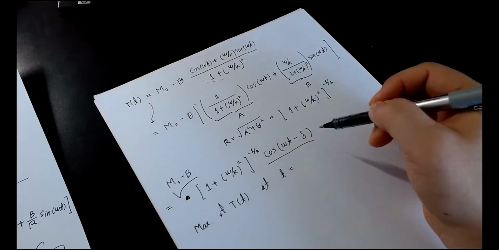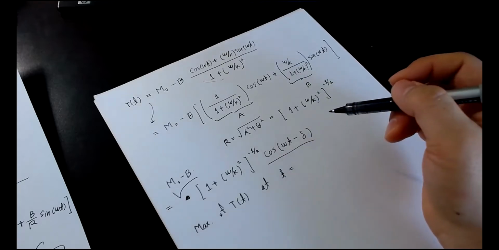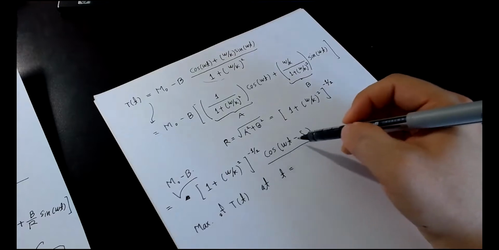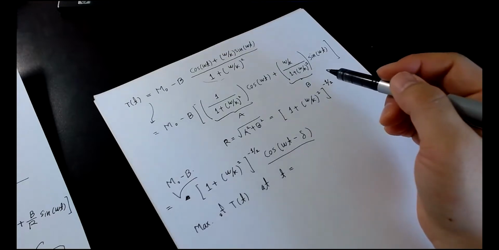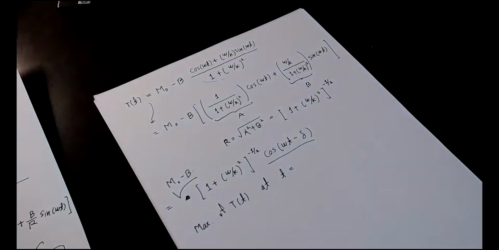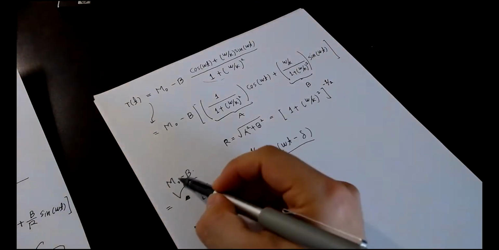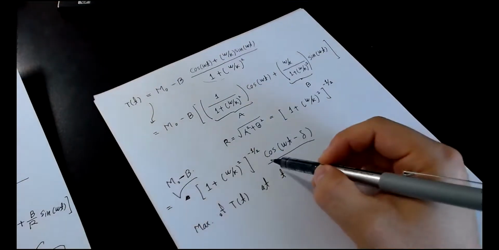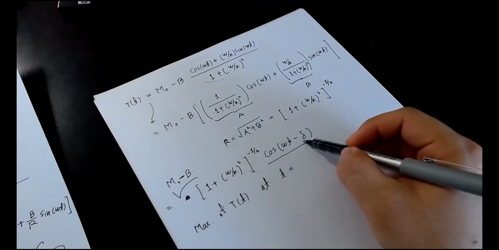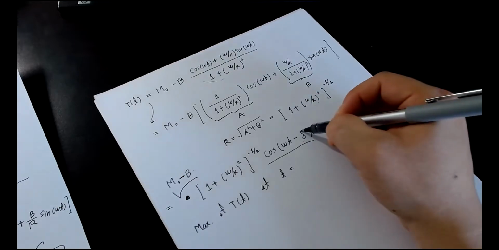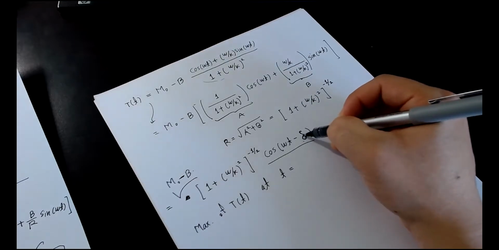It happens when cosine of omega t minus delta equals negative 1. We're going to have the maximum because of the negative sign, right? Because we don't know what delta is.